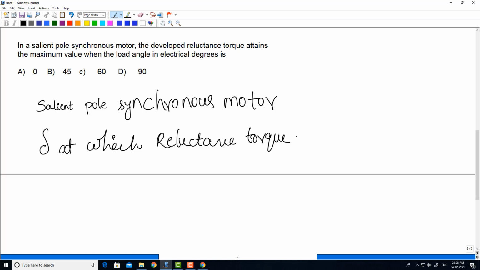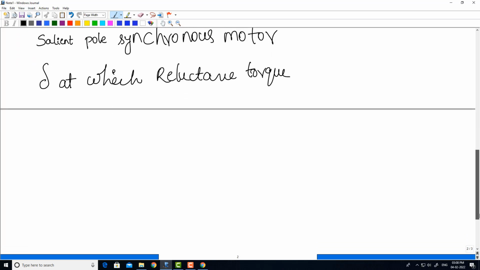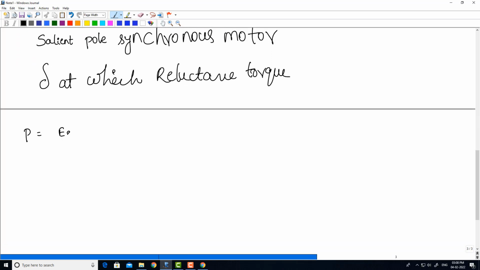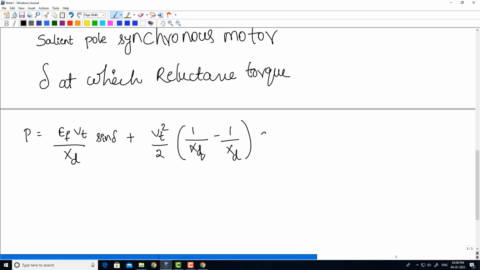So the formula is P equals EF Vt divided by XD into sin delta plus Vt square by 2 into (1 by XQ minus 1 by XD) into sin 2 delta.